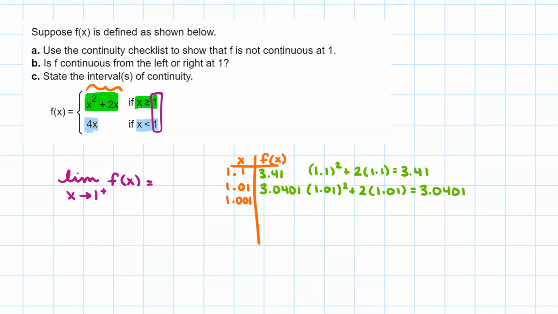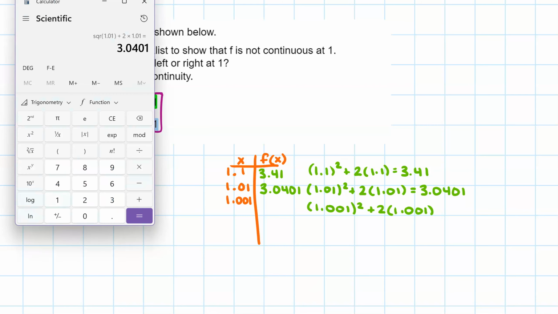And let's try something even closer. Let's try 1.001. So we're going to do 1.001 squared plus 2 times 1.001.